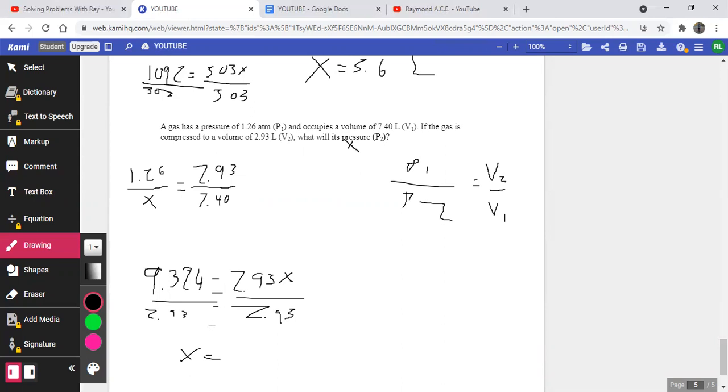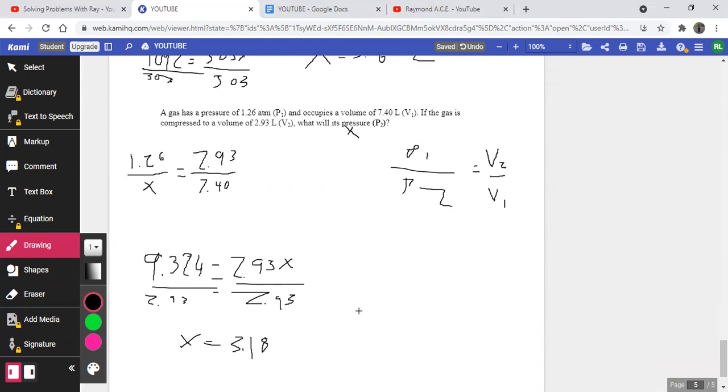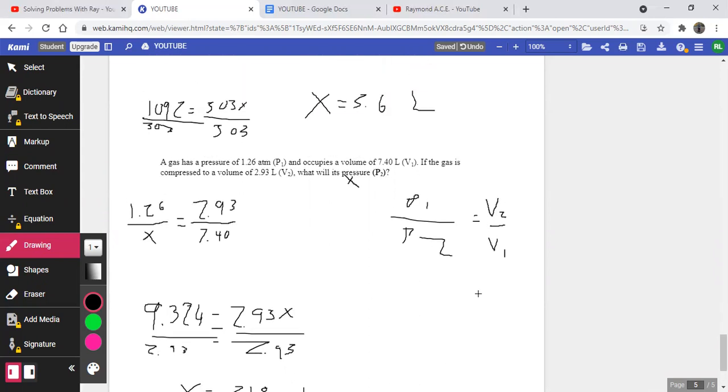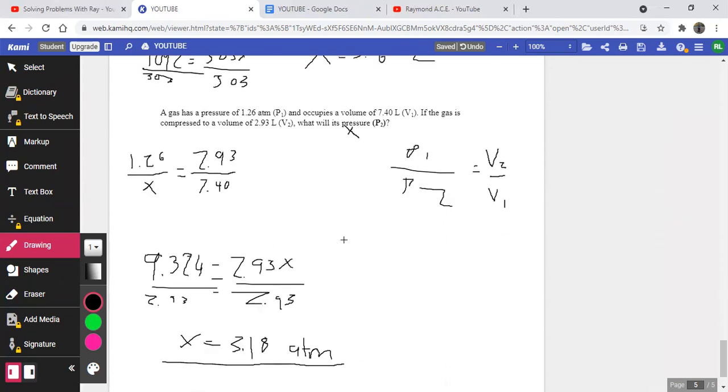Divide both sides by 2.93, and we have 3.18. And what are our units? Well, it's pressure, so atmospheres, ATM. That is our answer, and that is how you do Charles' law and Boyle's law.